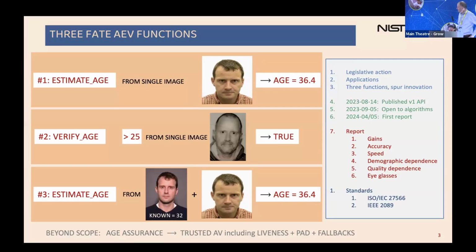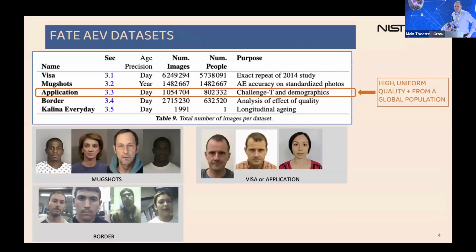All right, so we use data sets, and we use data sets numbering in the millions, and of 4 kinds, right? So visa images, mugshot images, application images collected in an immigration office in the United States, and border images taken in airports, people walking through immigration lanes and having their picture taken.